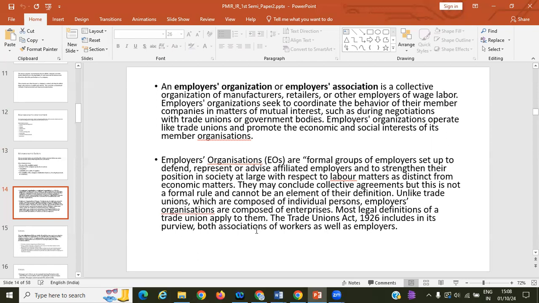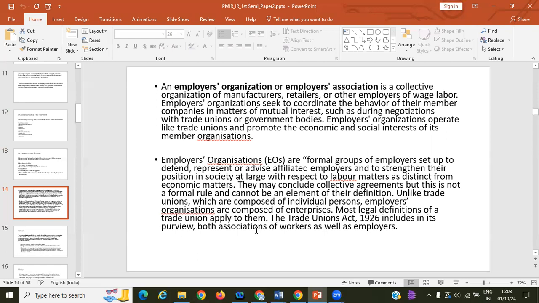There are different trade unions, and we will understand what exists in the country, what the different non-trade unions are, and there are also some trade unions dedicated to particular employees.